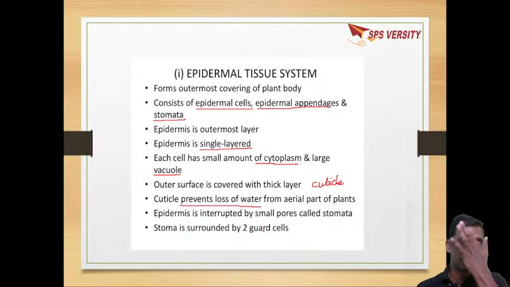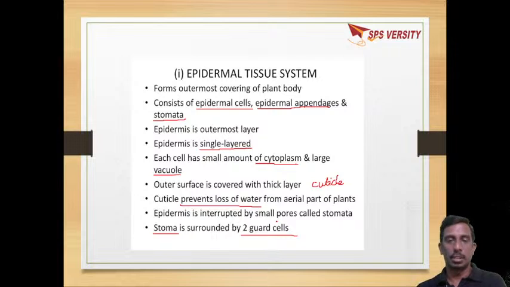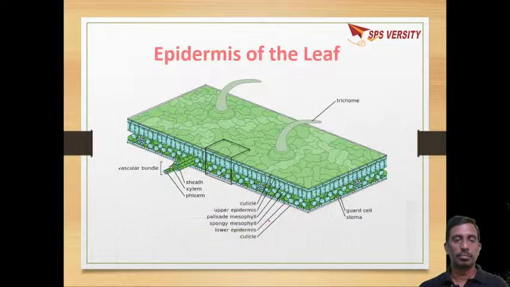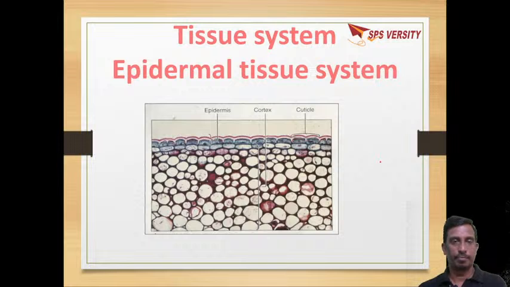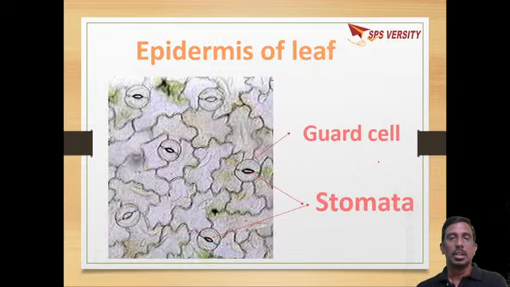स्टोमाटा में दो गार्ड सेल्स रहते हैं, एक ओपनिंग को क्या बोलते हैं कि स्टोमा, और दो गार्ड सेल्स रहते हैं। इधर देख सकते हैं स्टोमाटा, the layer which covers it is cuticle. This is outermost layer epidermis. Okay.